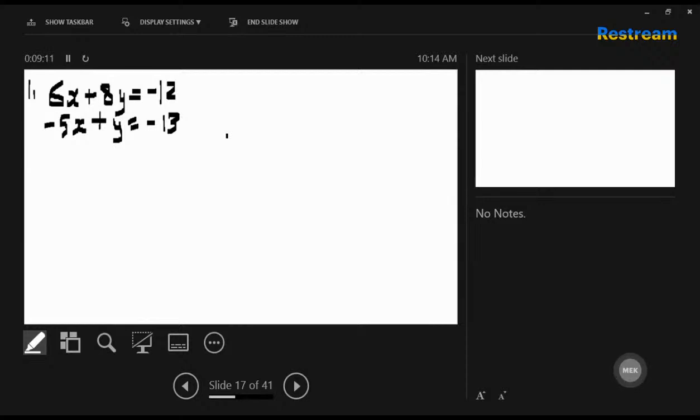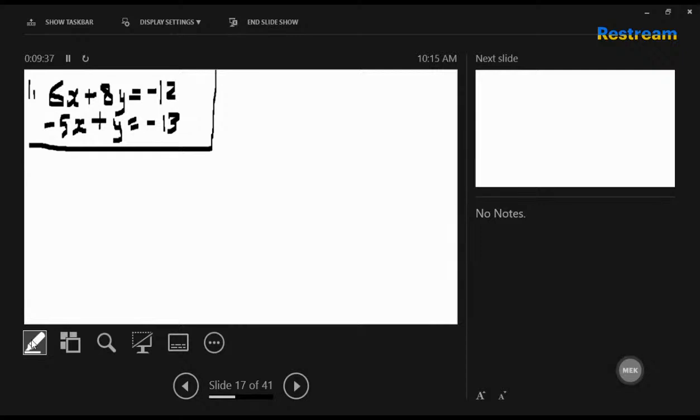And what we're doing is we have two equations with two variables, and we're solving them at the same time. We're solving the two equations at the same time, and we're solving for the two different variables at the same time. Now, this is our original pair of equations.